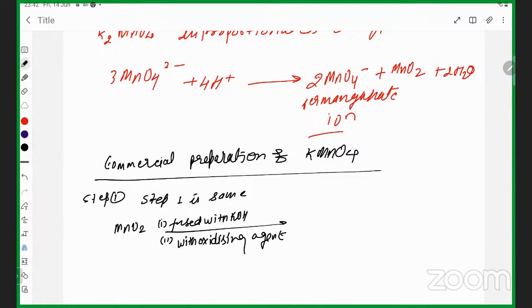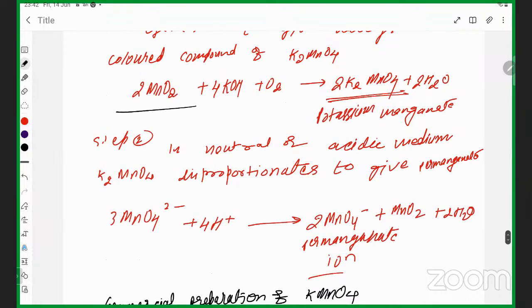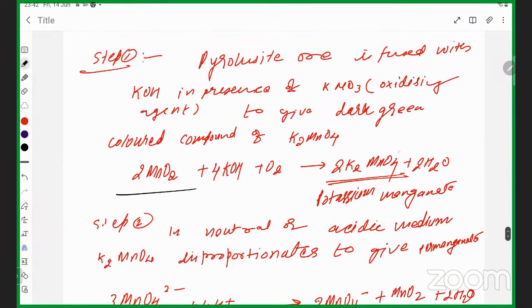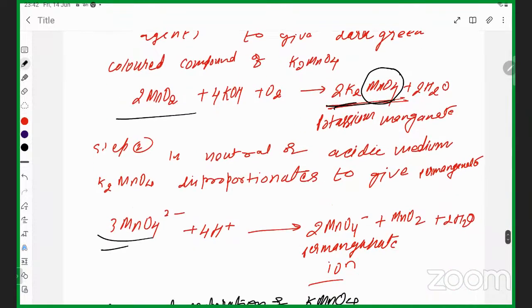With oxidizing agent KNO3, or you can take air also. So it will give MnO4 2-. This step you already wrote. If you ionize this one, it will give MnO4 2-.